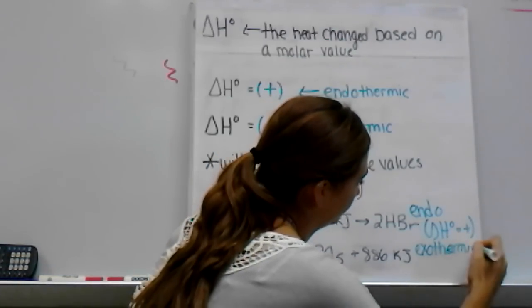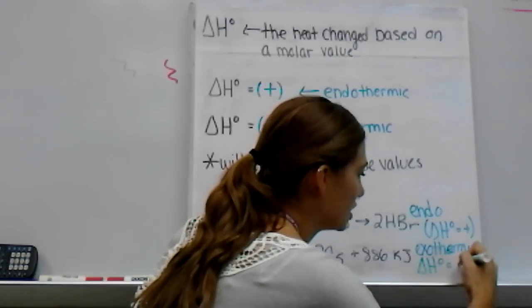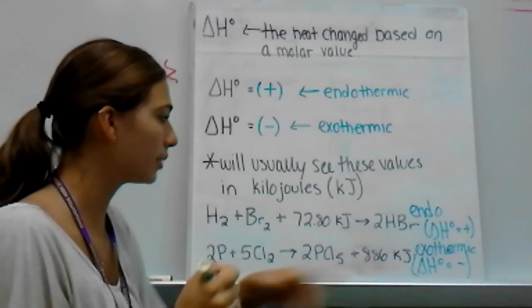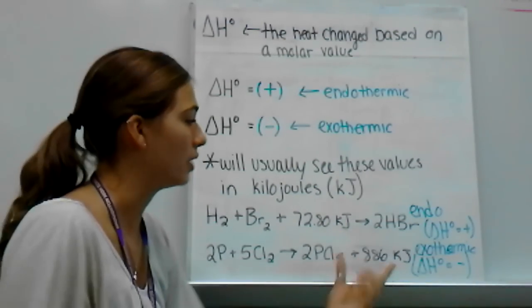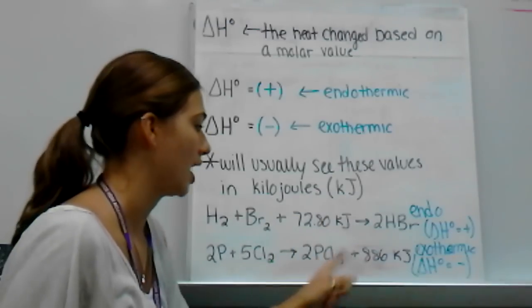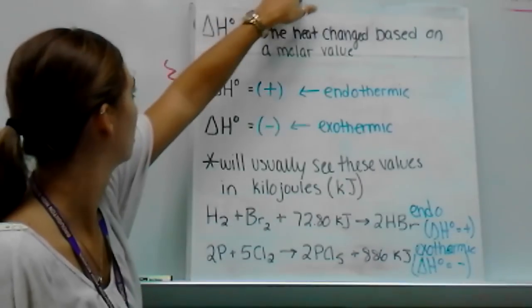Exothermic. So delta H in this case is going to be negative. You're going to have to become familiar with this: if our heat is on our reactant side, that's endothermic. If our heat is on our product side, that's exothermic.